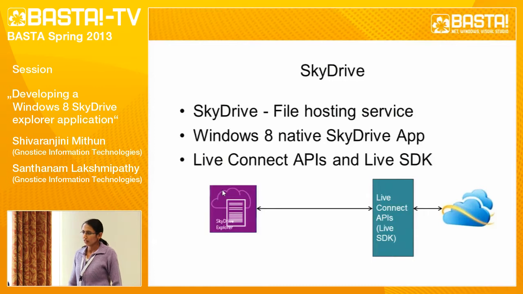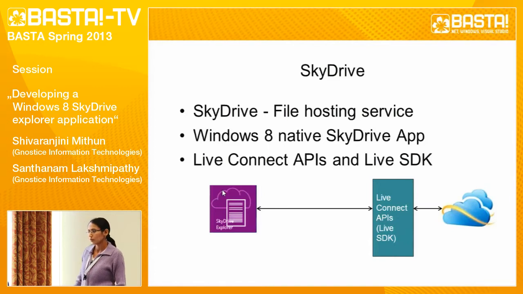Microsoft also provides the Live SDK library for Windows 8 applications. This Live SDK library further simplifies our development work. Using this Live SDK library we can avoid direct calls to Live Connect REST APIs, and it also enables single sign-on capability for our application.